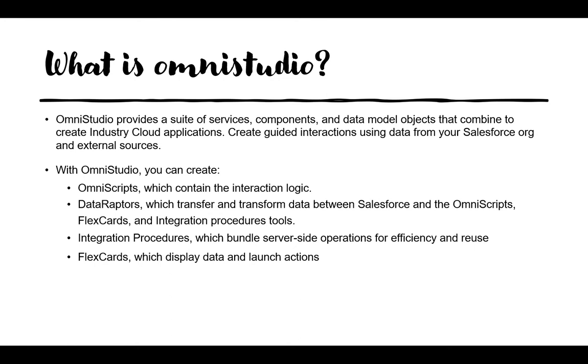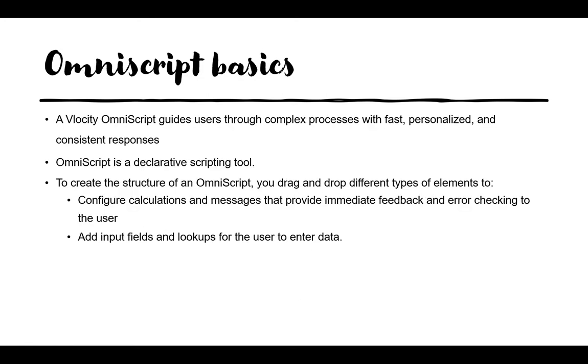You can create DataRaptor, which transfers and transforms data between Salesforce and the Omniscript, FlexCard, or integration procedure. You can also create integration procedure, which bundles server-side operations for efficiency and reuse. FlexCard displays data and launches actions.